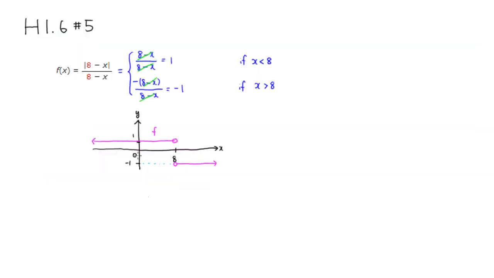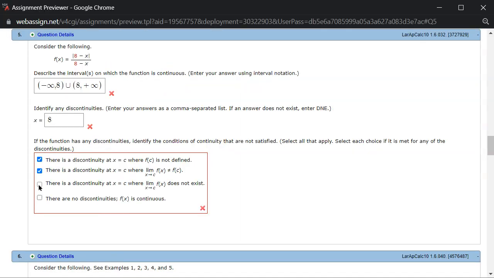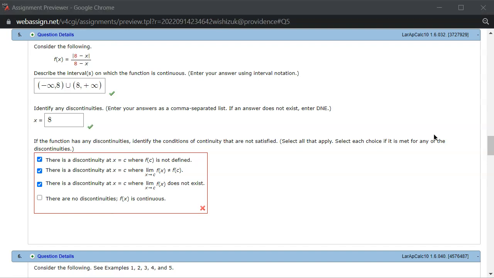You can see that the left-hand limit is going to give you positive 1 and the right-hand limit is going to give you negative 1, so there's no limit there. So there is a discontinuity where the limit does not exist, but not the last one. Let's check the answer.